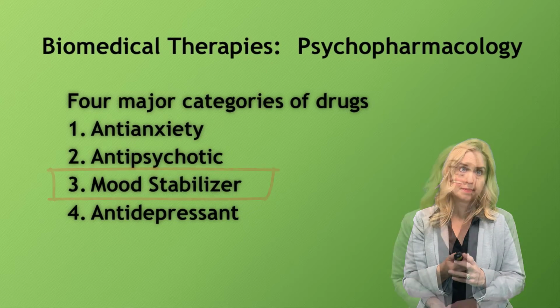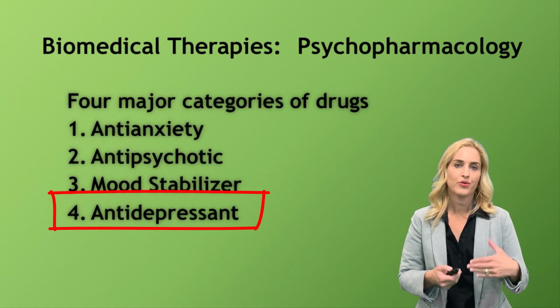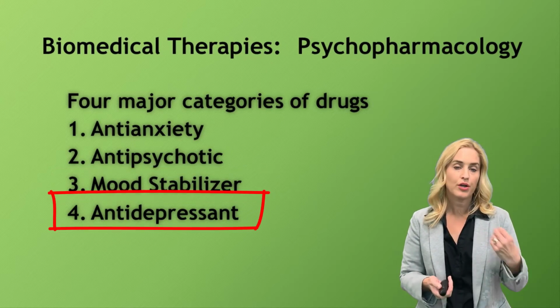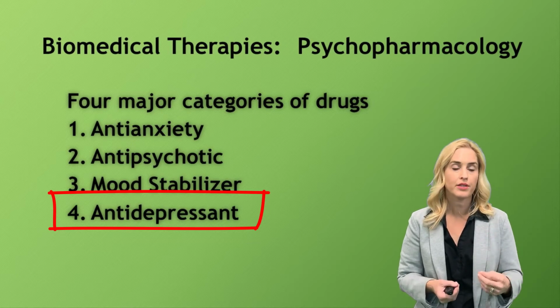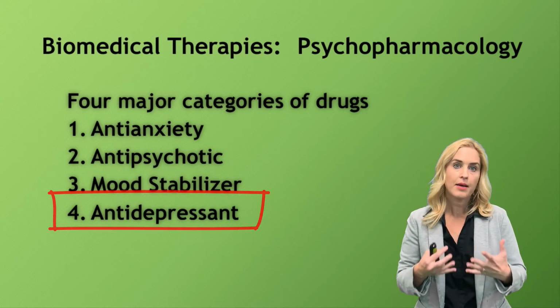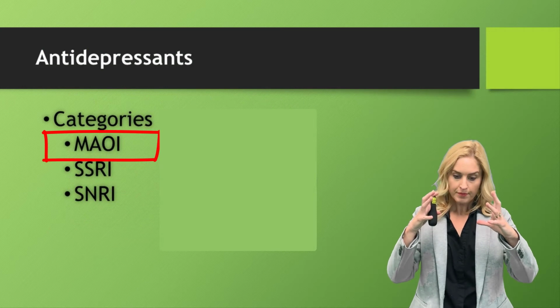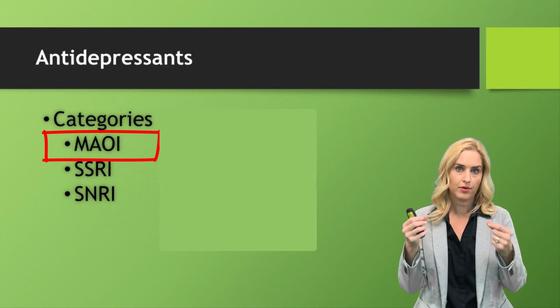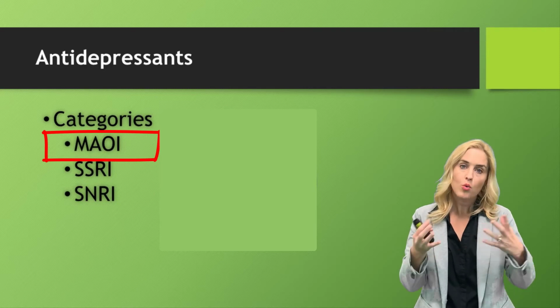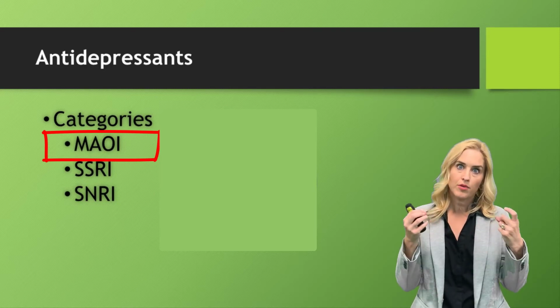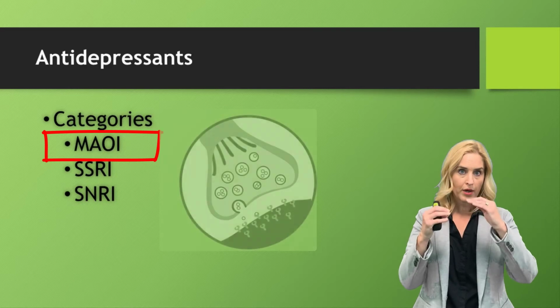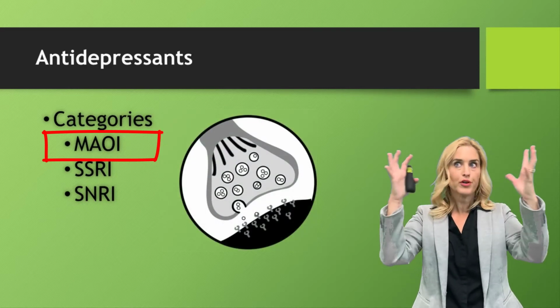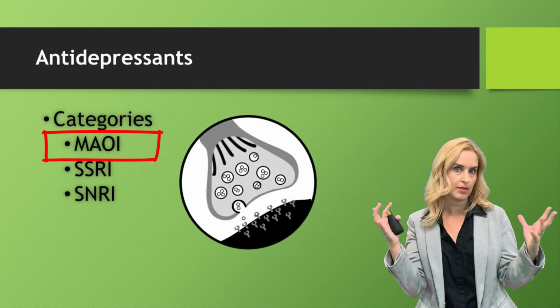Antidepressants have gone through several generations. We started with tricyclics and moved quickly to MAOIs. Now, MAOIs are those medications that really work with the enzymatic breakdown of the neurotransmitters. We talked about this in the biology chapter, and this is where the neurotransmitters, remember, they're not free floating in our system, right?